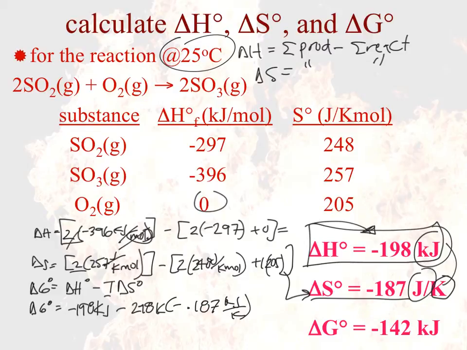Okay, and if you go ahead and plug that into your calculator, that's going to give you negative 142 kilojoules as your Gibbs free energy. So the process that we're looking at here is a spontaneous process. We know that because we have a negative value for our delta G.